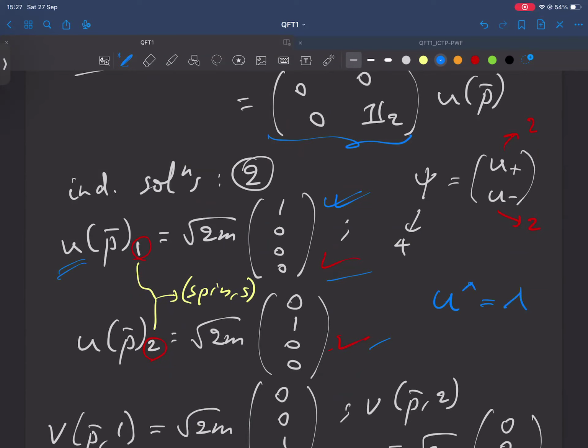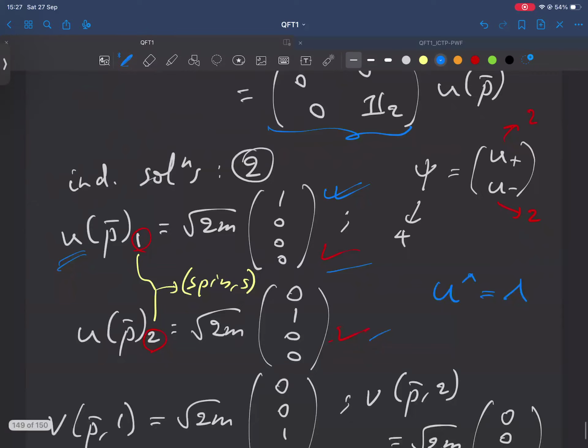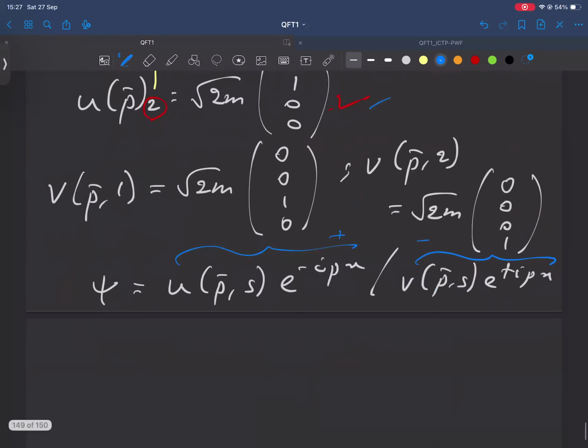Yes, that's a good question. The question is what happens for the massless case. We will not deal with the massless case from here on, because that will involve some complications. We will only work in the case where m is not equal to 0. The massless part is something that would take a whole lecture in itself, because it's a bit tricky.